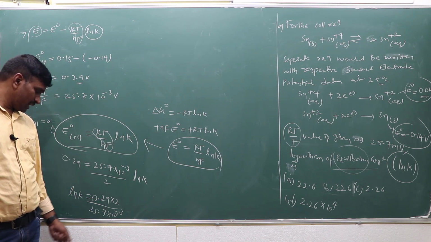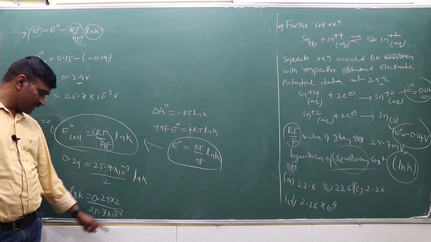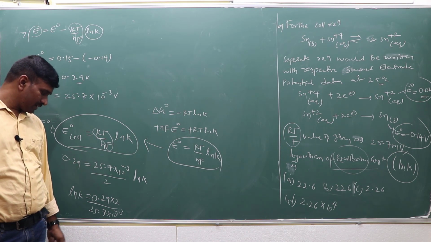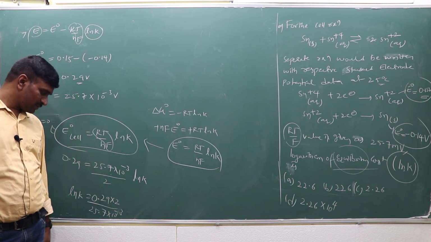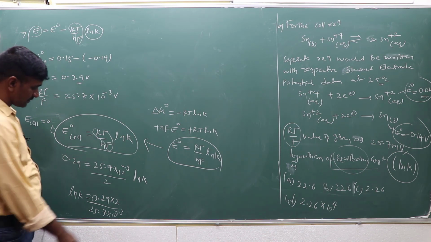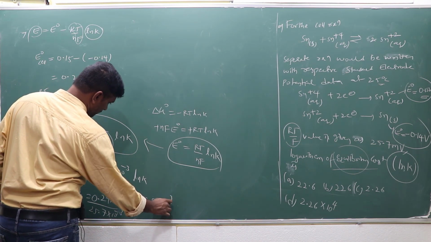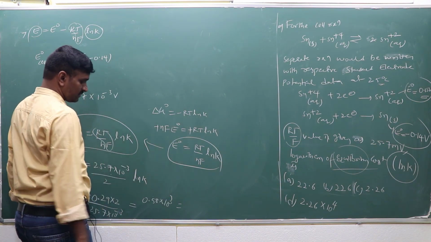It is 0.58. The denominator is shifted to the numerator as 10 to the power of 3. So 0.58 into 10 to the power of 3, that means here it is 580.